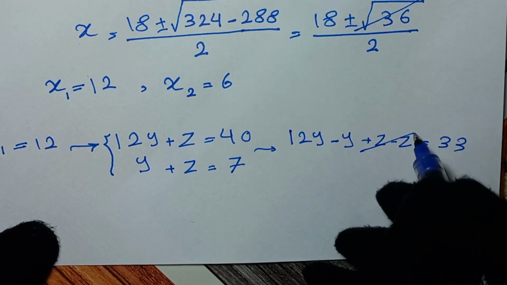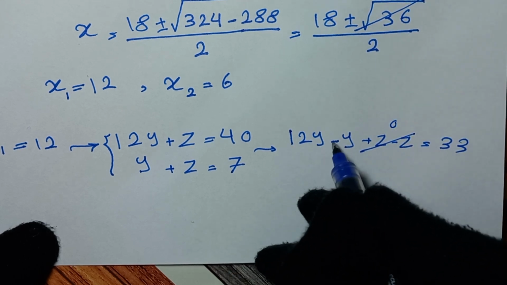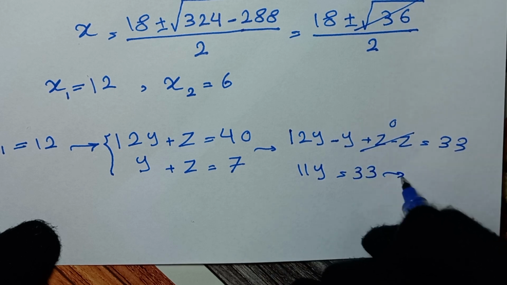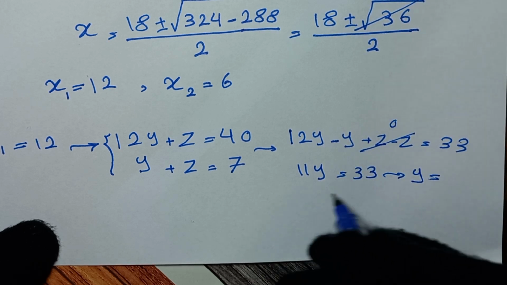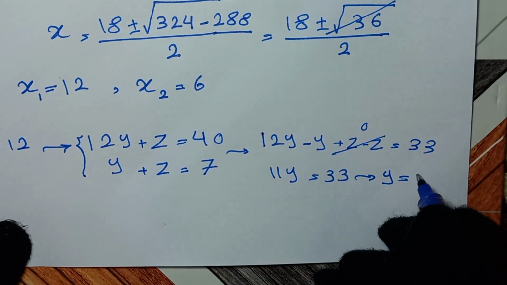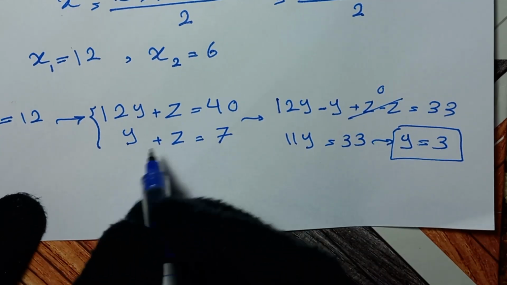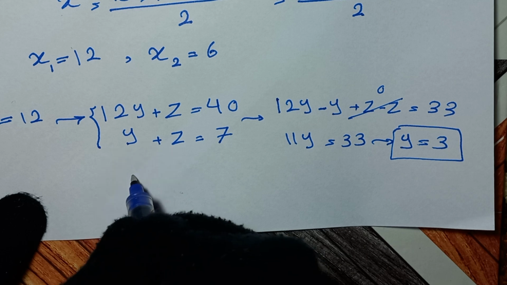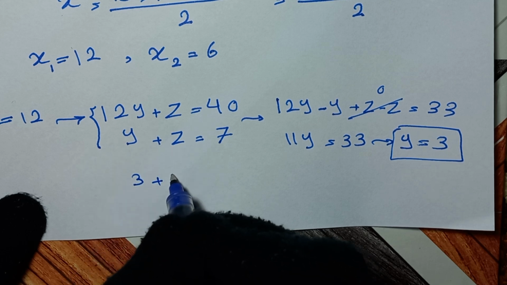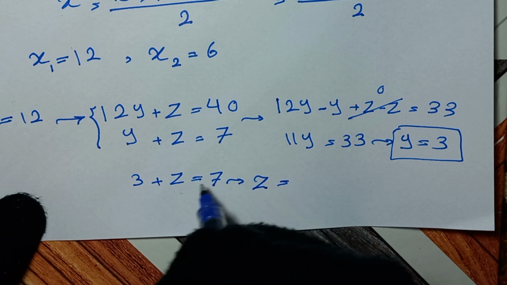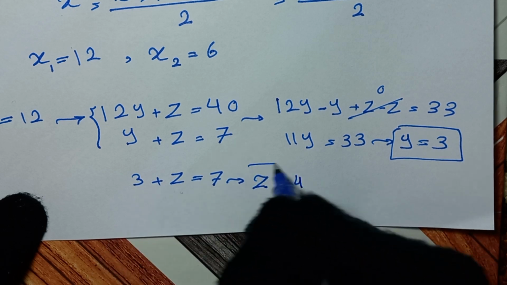So 12y minus y, it will be 11y is equal to 33, and we divide both sides by 11, and y will be 3. So y is 3, and from this equation, y plus z is 7. So 3 plus z is 7, and z is 7 minus 3, it will be 4.